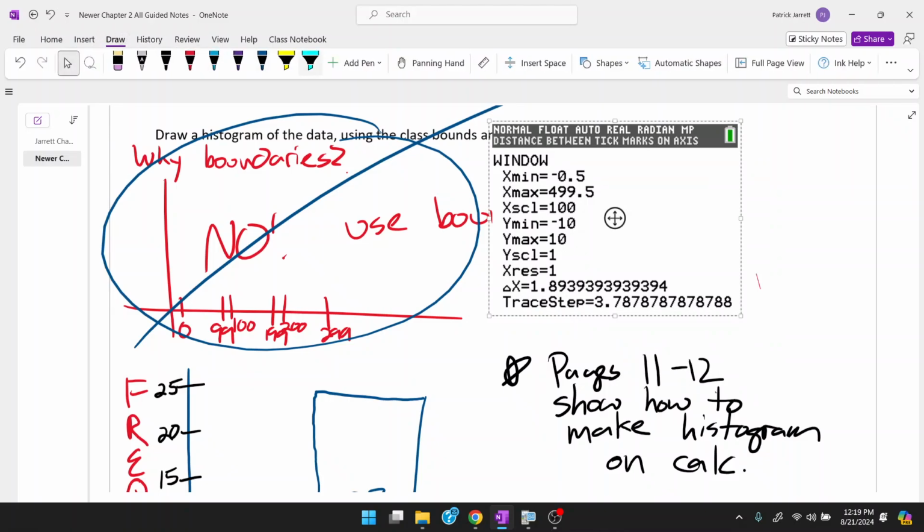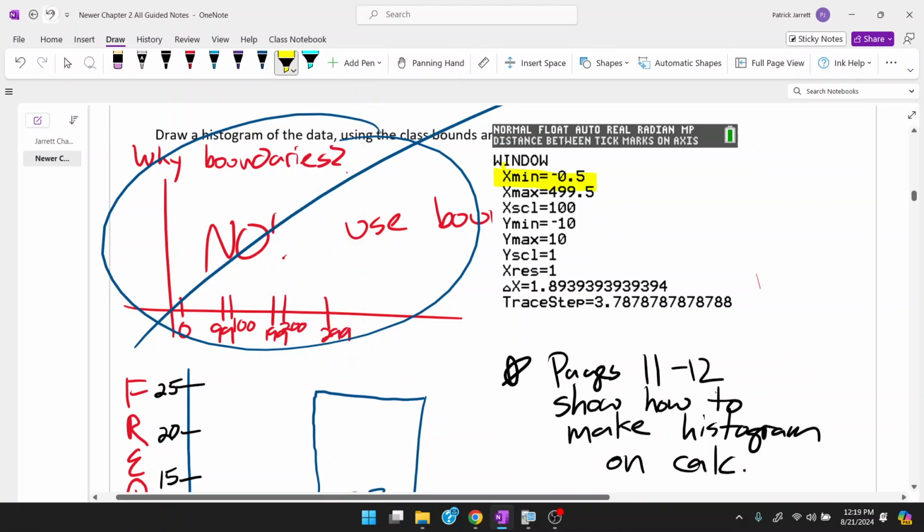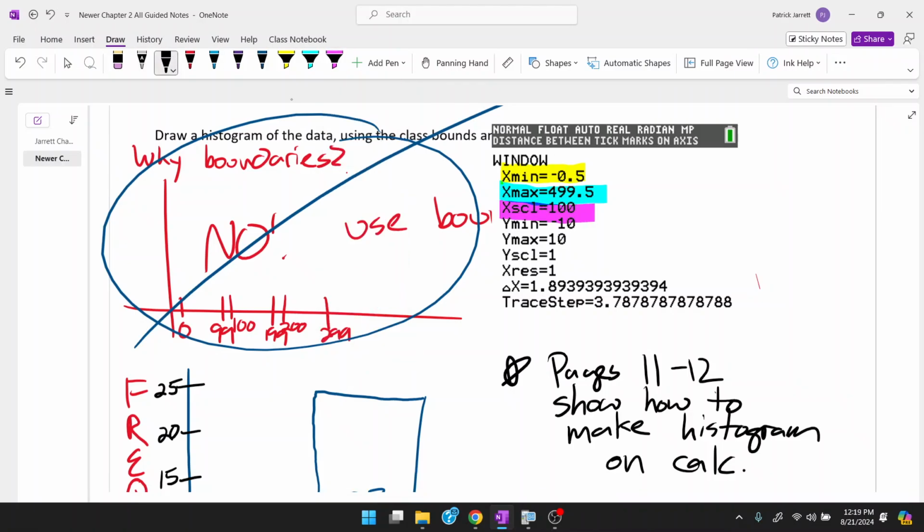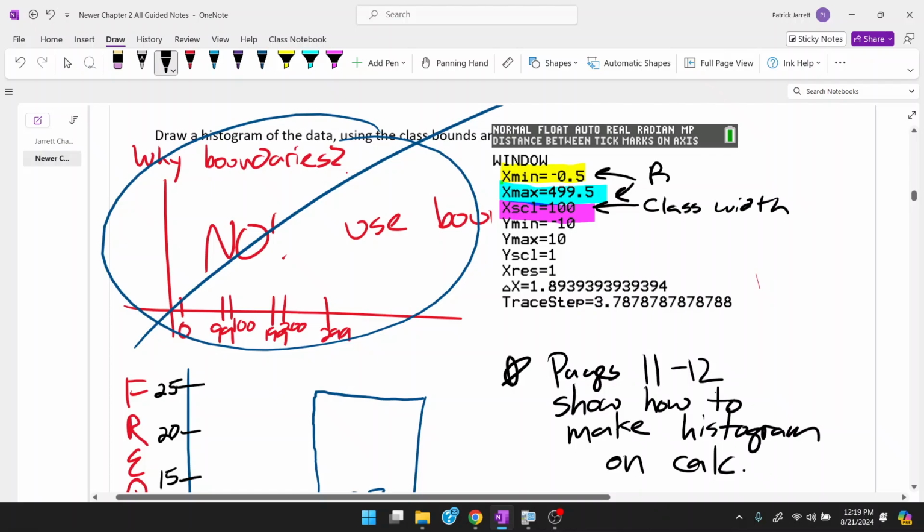So this X scale is your class width, and the boundaries. Now, we're going to change that Y min to 0.